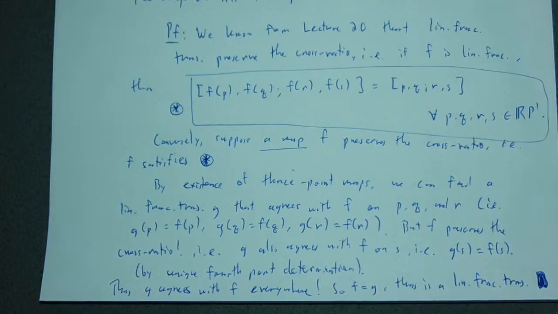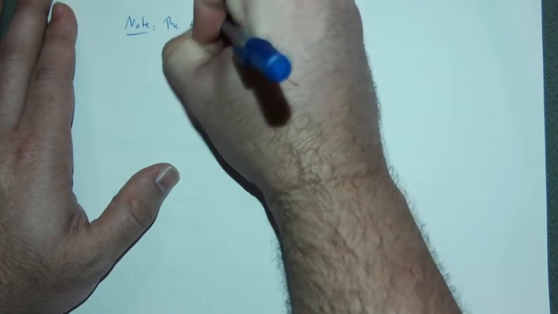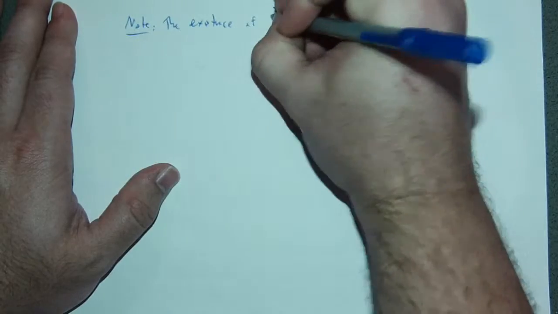Now, we come to the main thing, the main purpose of all of these properties that we've been mentioning. All these properties are nice on their own, but our main purpose is in what we're about to say. And so note the existence of 3-point maps.